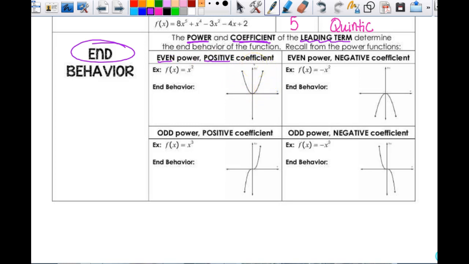This is what we're thinking in our minds. So we would write out as x approaches infinity, f of x approaches infinity.